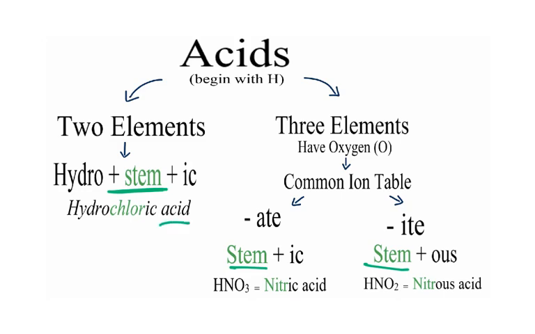If we have a ternary, or three, we use the common ion table, our polyatomic ion table, which is table E. We change the ending based on whether it's ate or ite, and then we add the word acid to the end. Okay, so 2 is binary, 3 is ternary.